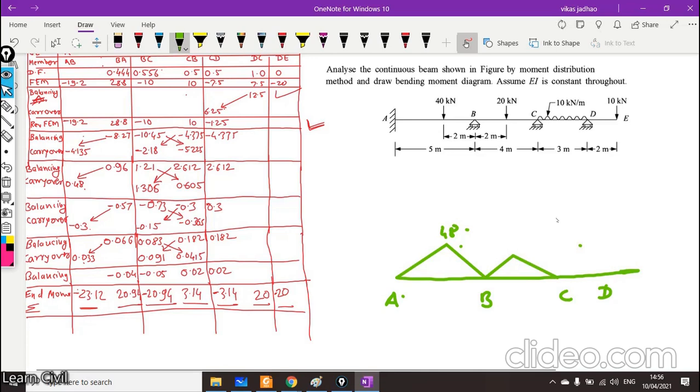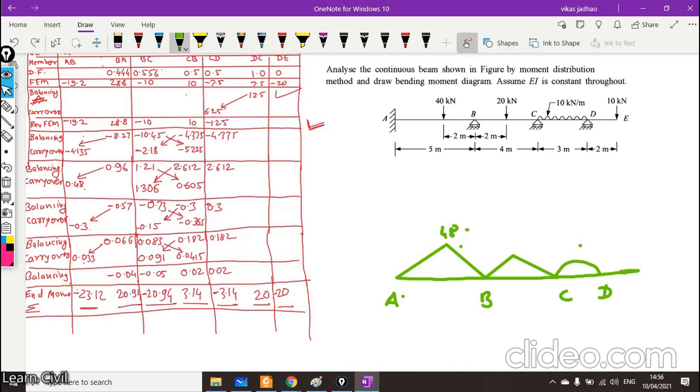Now for CD, it will be WL square upon 8. So W is 10 into L is 3 square divided by 8. So this will be 11.25, and the figure will be a parabola. Okay, this is how the free bending moment diagram is drawn.